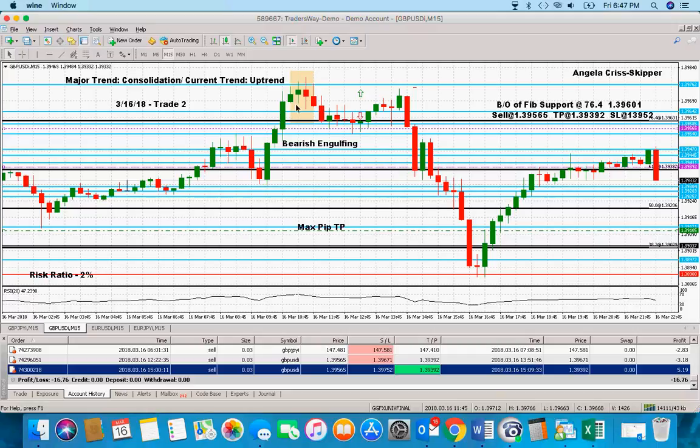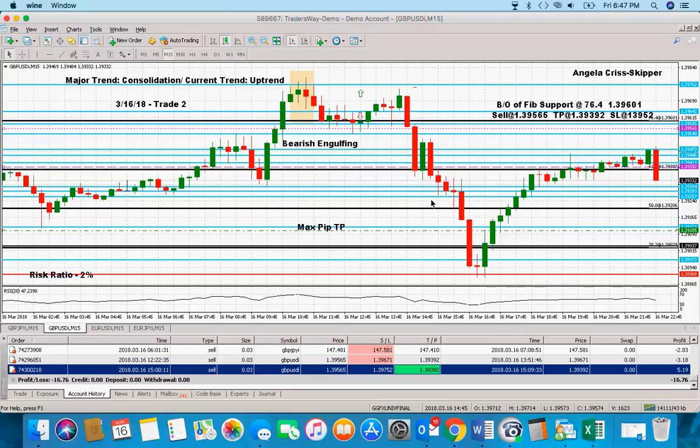But because I had to get ready to go to work in this area, I didn't get a chance to really get into it and look at it. So although I did have a win, I just missed that opportunity to capture all of these pips before it turned around and started back up.